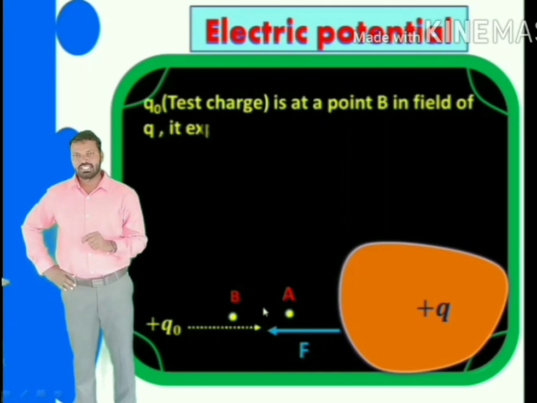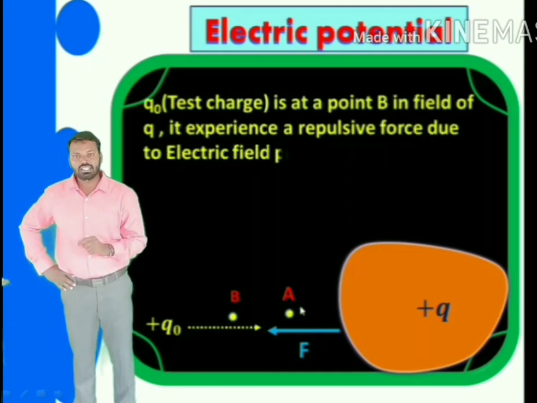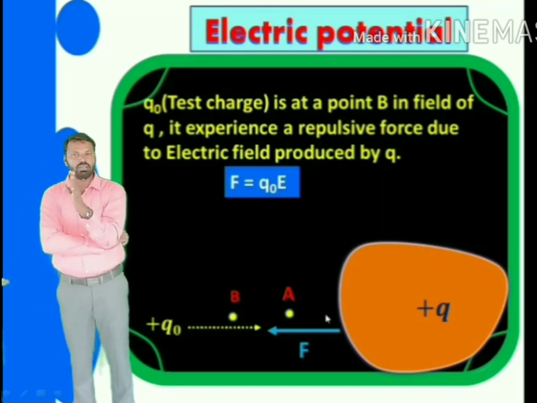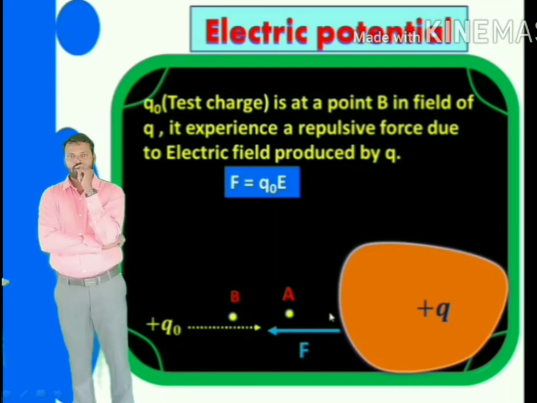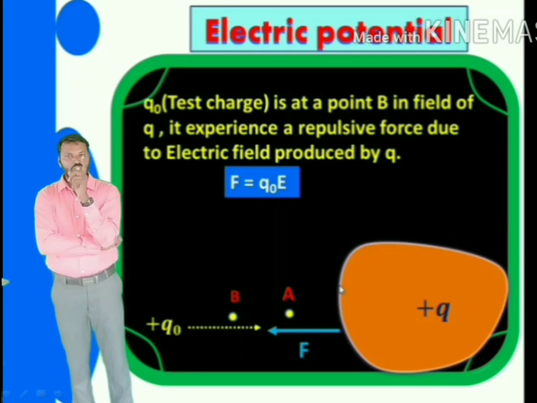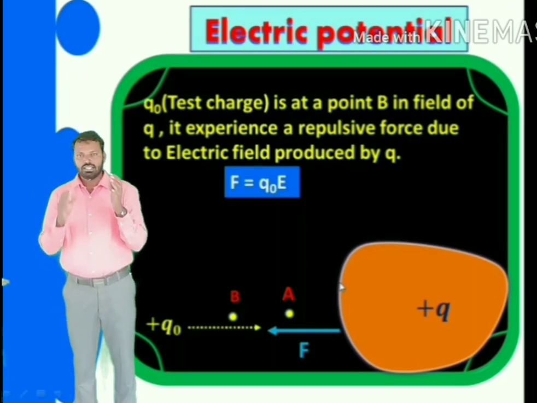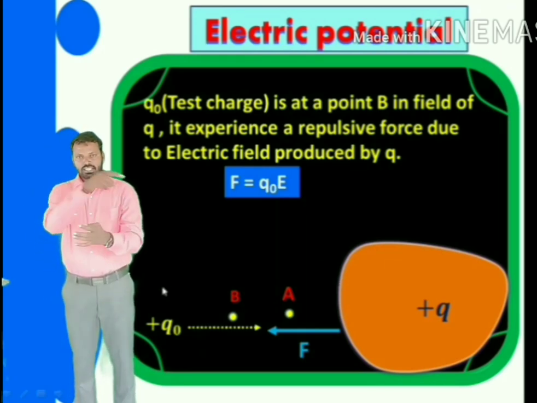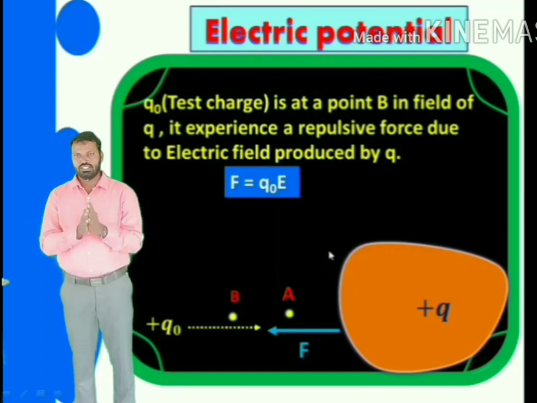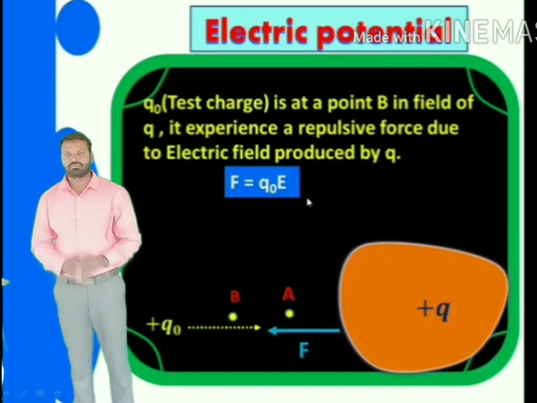That force is indicated with electric field intensity, E is equal to F by Q0. From that, F is equal to Q0 into E. So when Q0 charge is placed in an electric field, it experiences a force equal to F is equal to Q0 E.